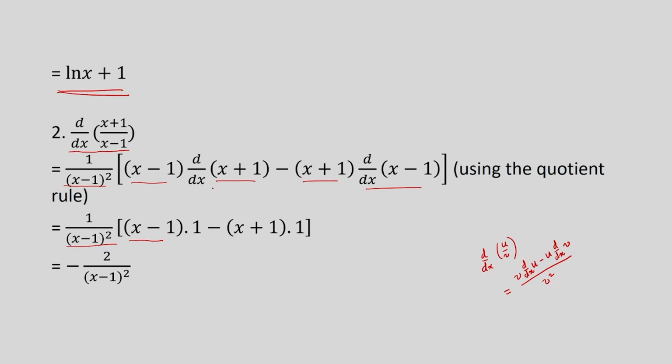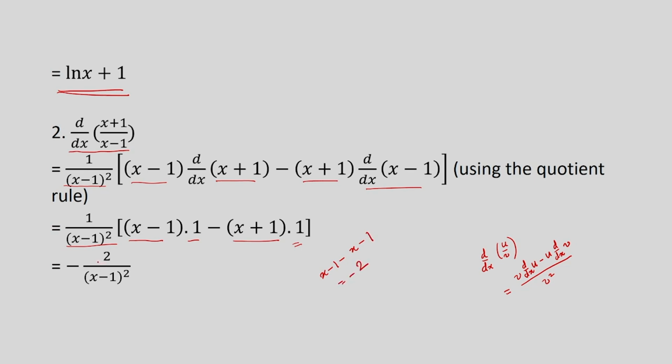Again d dx of x is 1 and d dx of 1 is equal to 0, so it becomes just 1, minus x plus 1 and d dx of x minus 1; again d dx of x is 1 and minus 0, so it becomes 1. I am jumping some steps here. In the numerator it will be x minus 1 minus x minus 1, and this is minus 2.